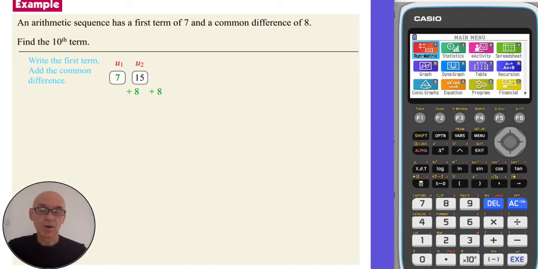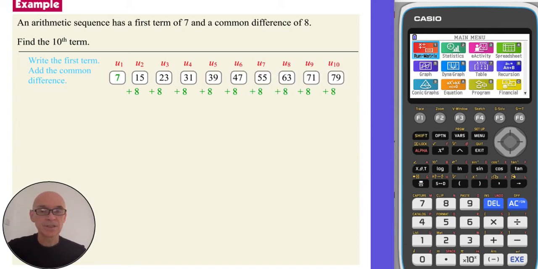Adding on the common difference of 8 to the second term will give a third term, u3, of 23, and adding on 8 to this term will give a fourth term, u4, of 31. Continuing this process will give a 10th term, u10, of 79, as shown.